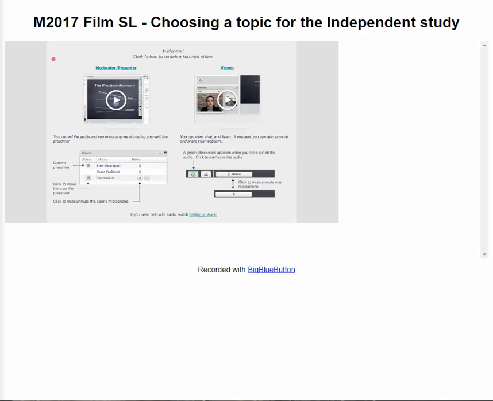So, you need to find a topic. You need to find two films that the topic relates to. Okay? So, if your topic is gender representations, that's not going to be too difficult. Often people choose comparisons of Disney and Miyazaki.